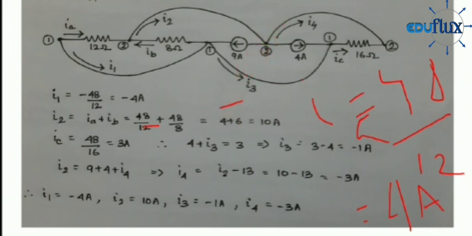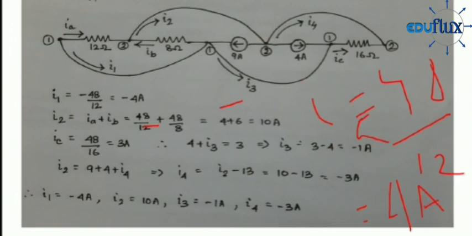So we can see the 9 ampere and 4 ampere current sources are leaving. Also the current I4 is leaving. So by applying KCL, I2 equals 9 plus 4 plus I4. We have already calculated the value of I2. So I4 will be I2 minus 13, that is 10 minus 13 equals minus 3 amperes.